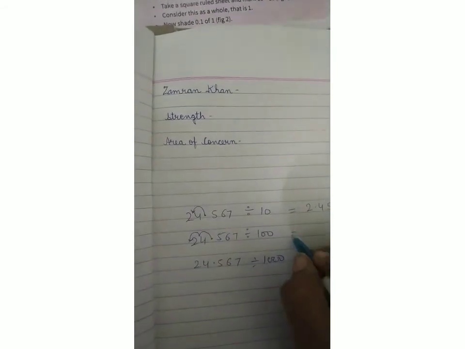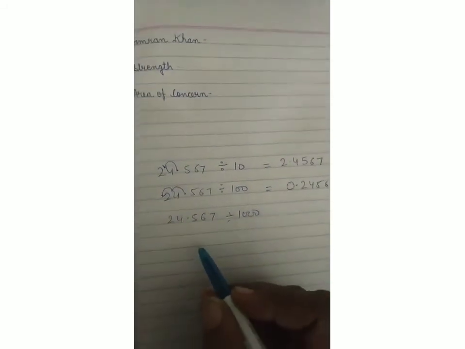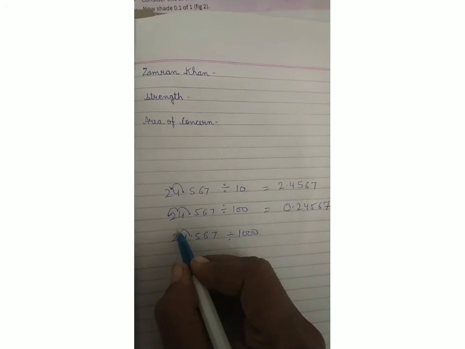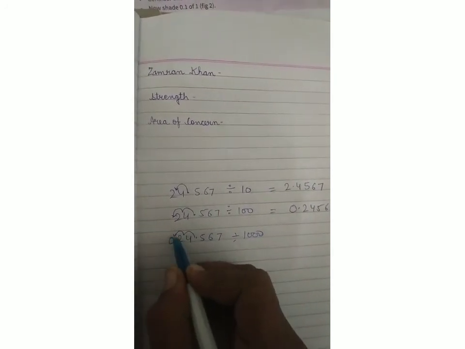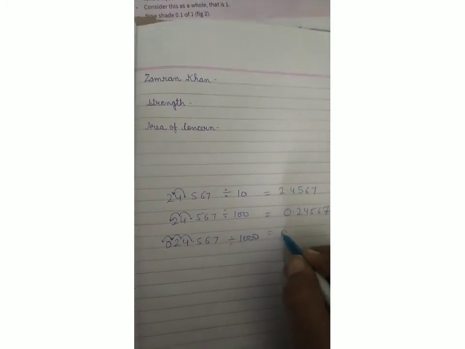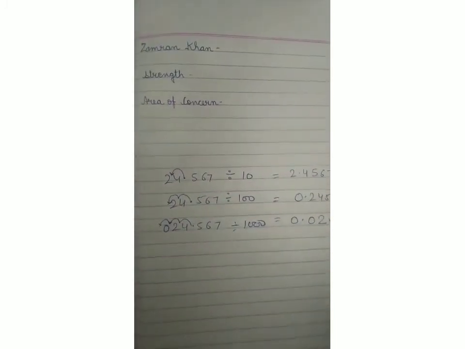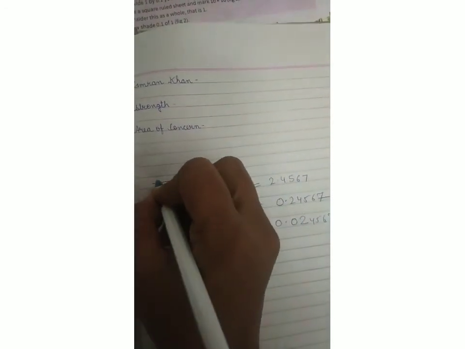It has become 0.24567. In the next question, 3 zeros are given, so this will shift 3 places to the left. The third place is not filled, so I will put a 0 over here. Now this has become 0.024567.